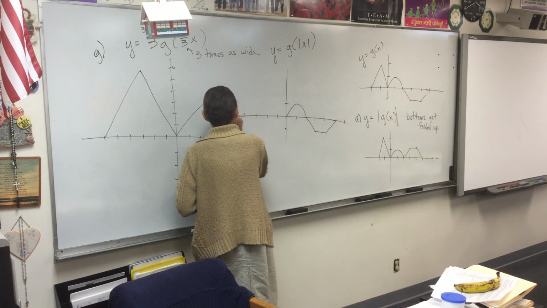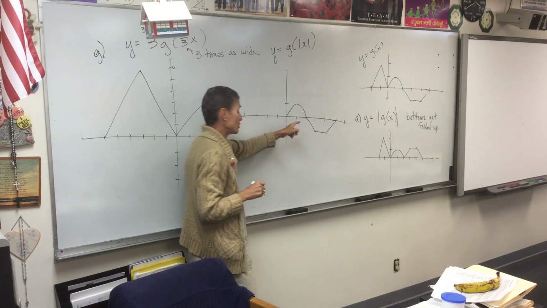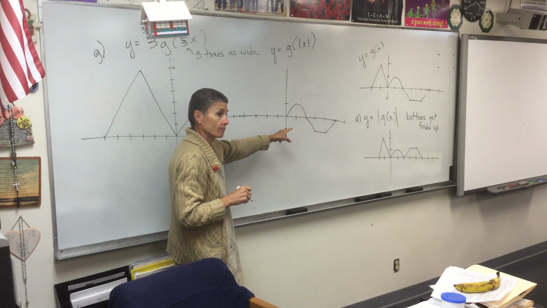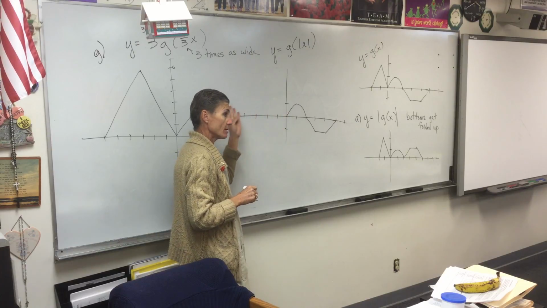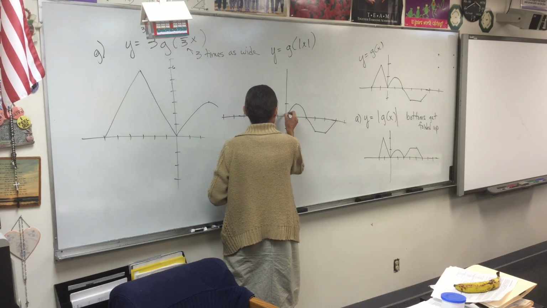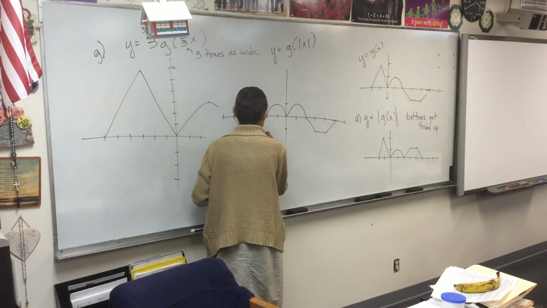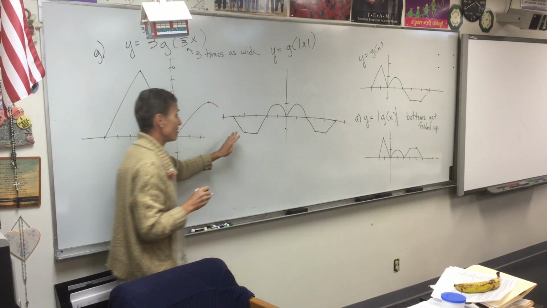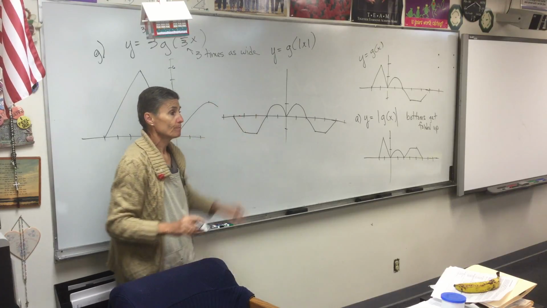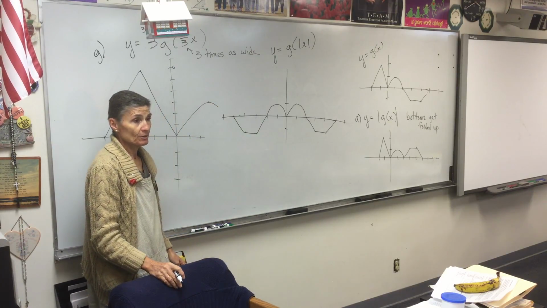Now, I want you to take what you just drew and fold it across this way and redraw it on the other side. That is a picture of G of the absolute value of x.